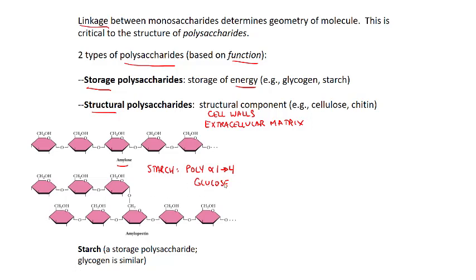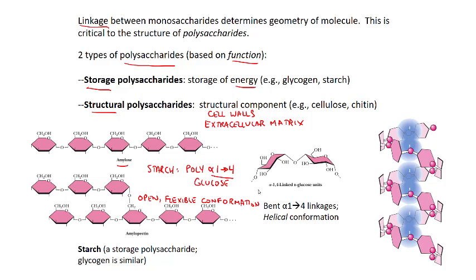So the fact that we have alpha 1 to 4 linkages means that starch has a fairly open and flexible conformation, which allows it to soak up lots and lots of water, which is one of the useful properties of starch in cooking. And so why does it have this open and flexible conformation?